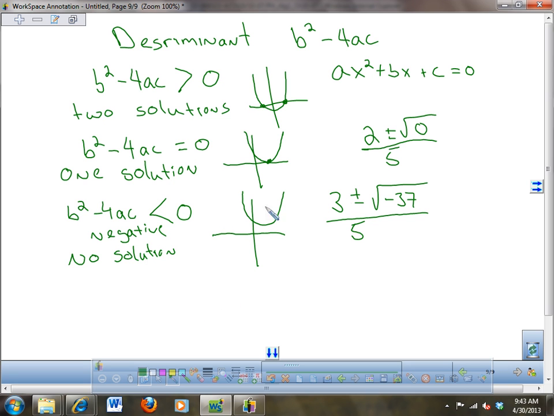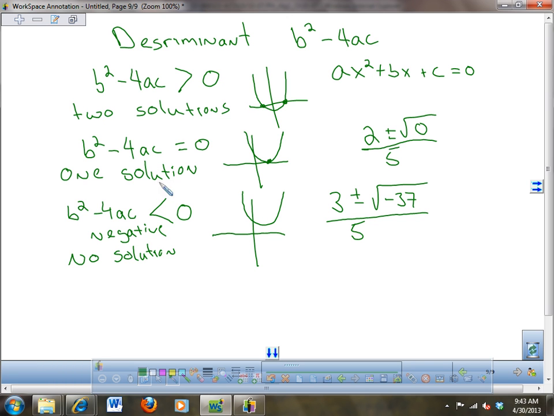So if b squared minus 4ac is less than 0, meaning you have a negative number inside the square root, then you will have no solution, because this cannot be solved unless you use imaginary numbers, and you don't learn about imaginary numbers until you take algebra 2 in a year or 2. Okay? And so that's basically what the discriminant says. That's all it is.